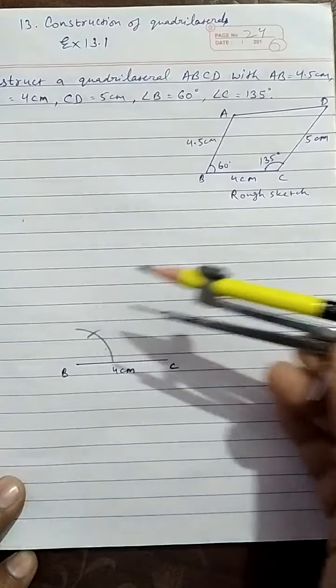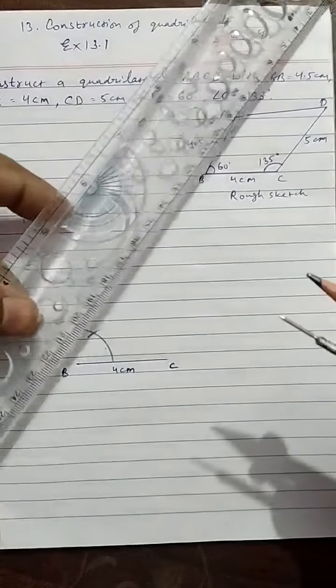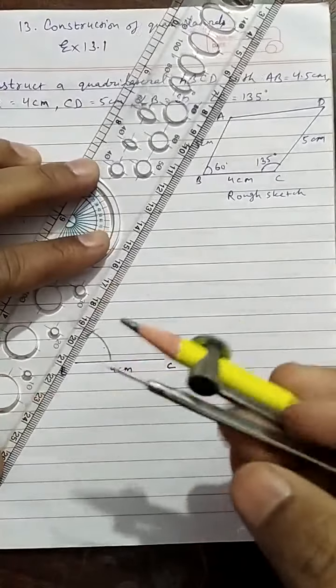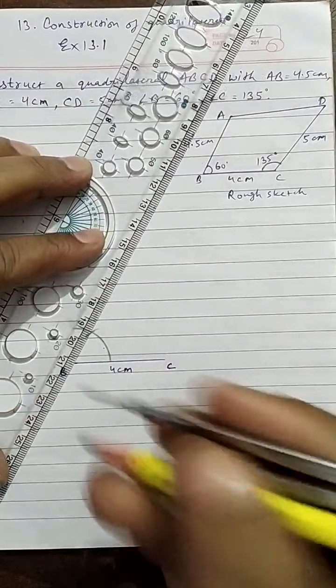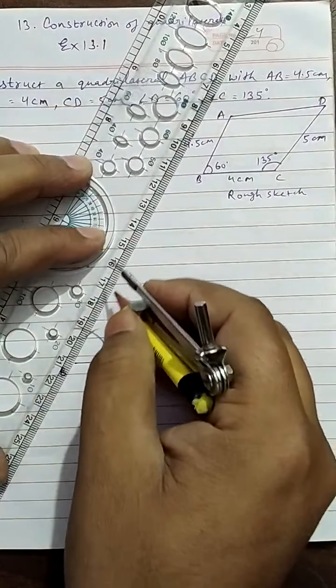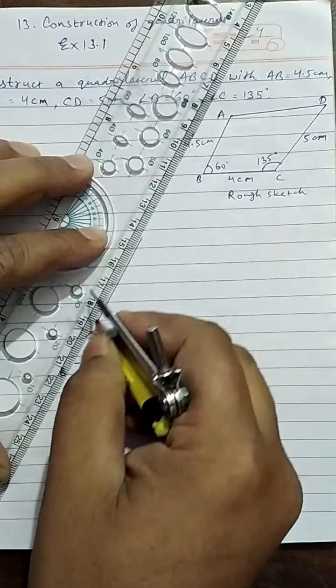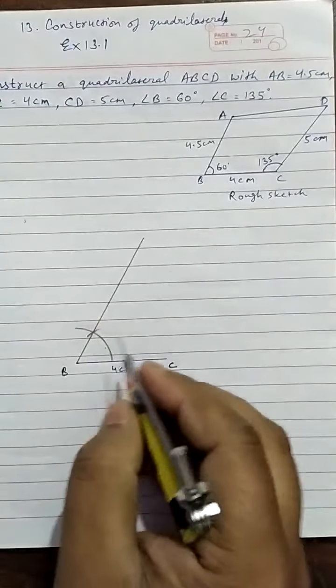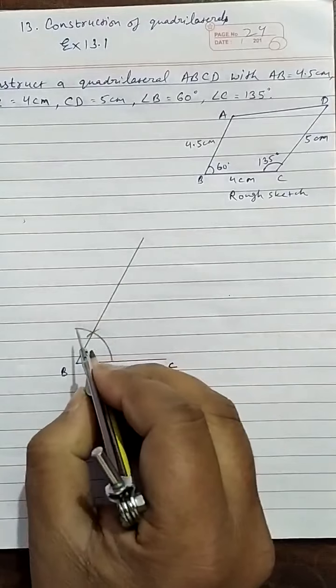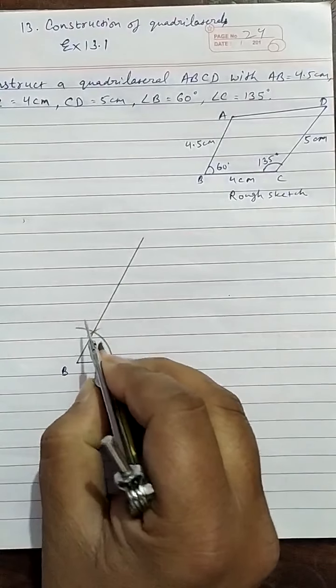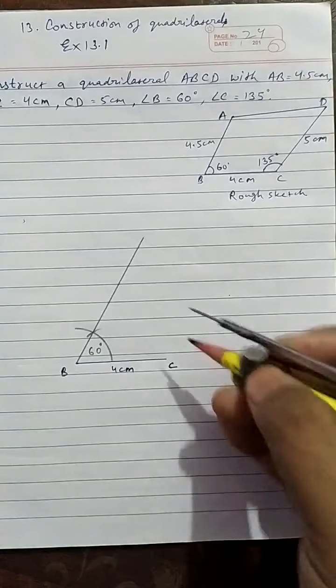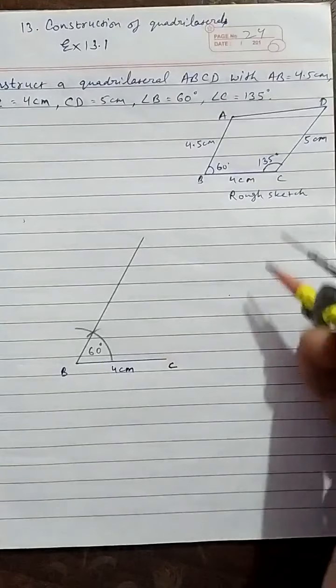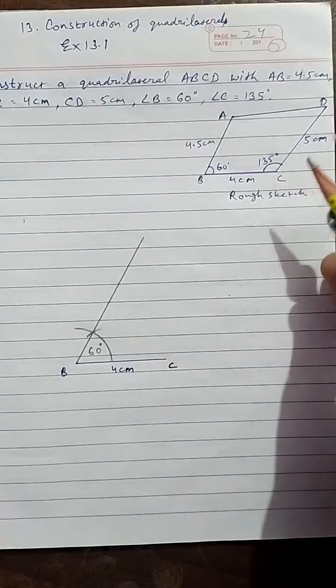This arc shows 60 degrees. So let us draw the ray like this. This is 60 degrees. Now at angle C we have to draw 135 degrees.